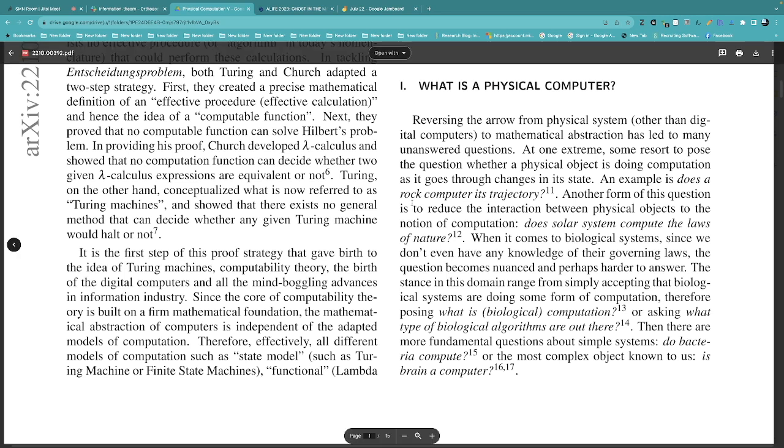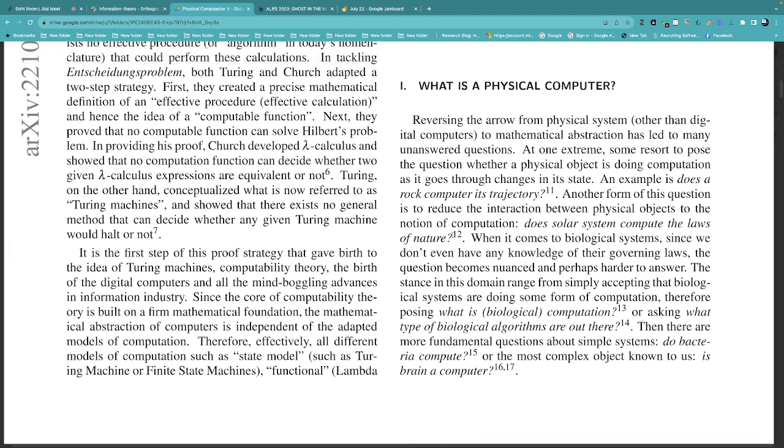Another form of this question is to reduce the interaction between physical objects to the notion of computation. Do solar systems compute the laws of nature? And so there's some physicists who argue that, say, black holes compute, or things like that. Now that seems a little out there, a lot of these questions. But they're essential questions to ask for physical systems that are more general.